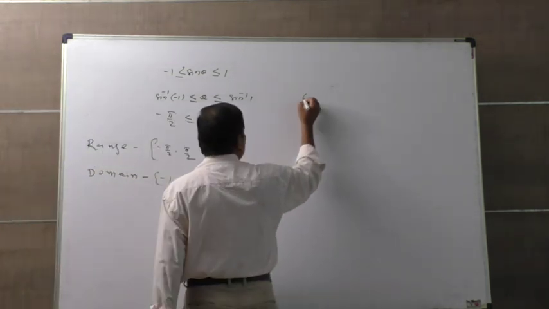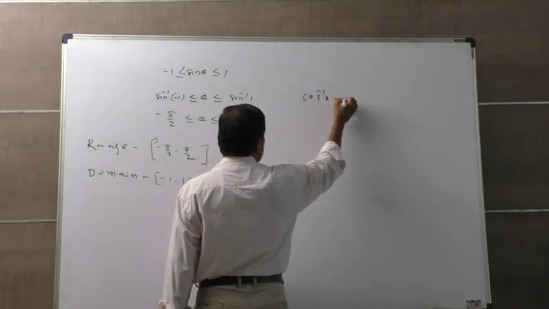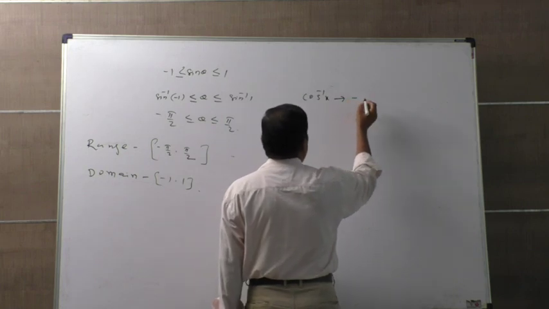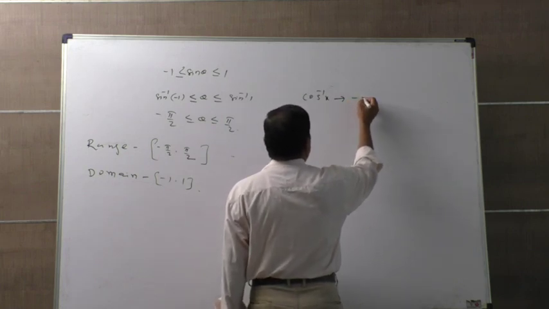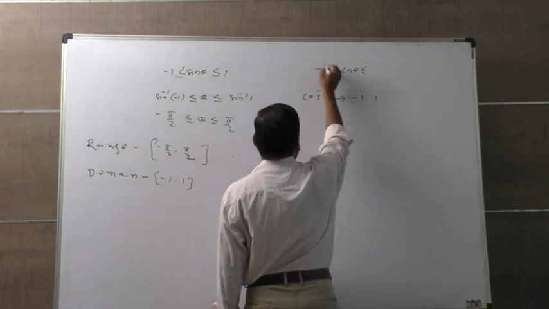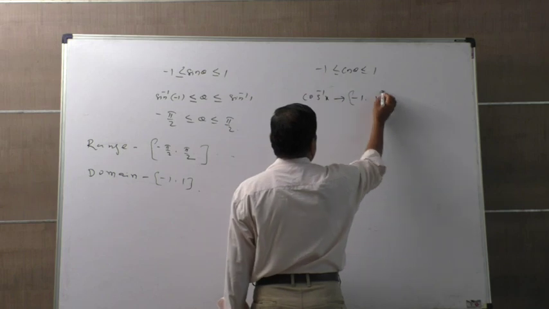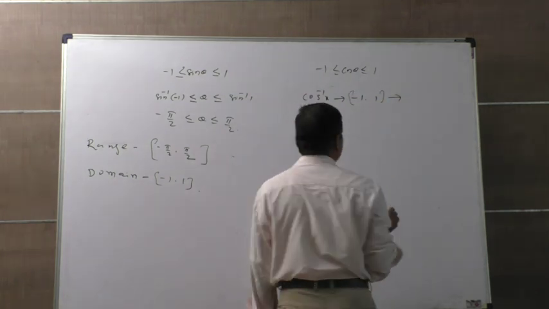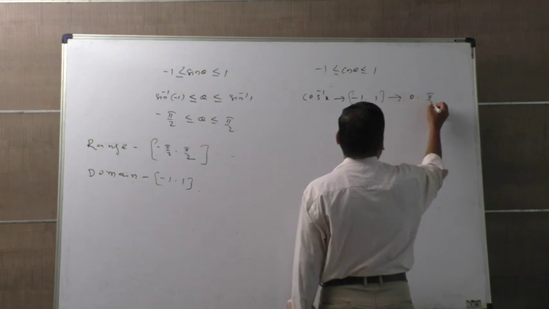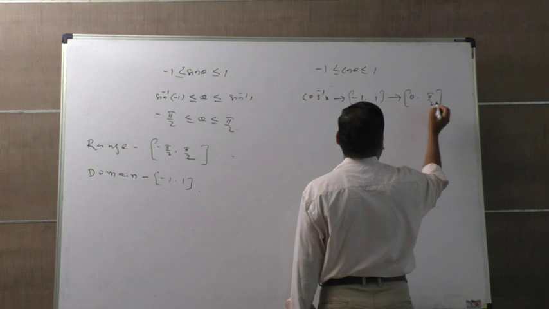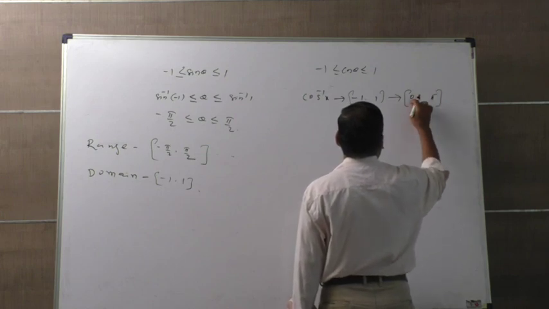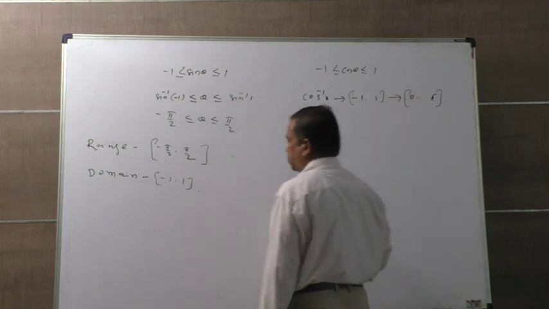Similarly, cos inverse x is a function from -1 to 1, because cos theta also lies between -1 to 1, with range 0 to pi, because cos 0 is 1 and cos pi is -1.